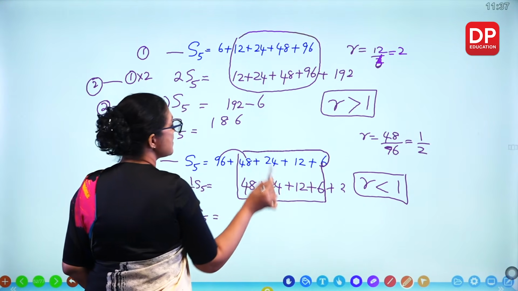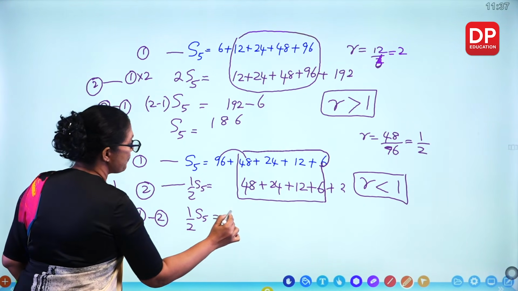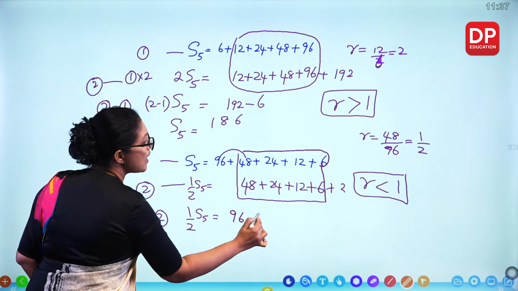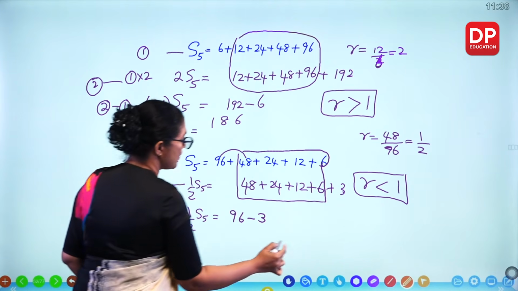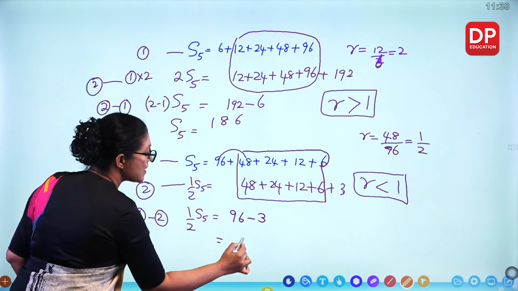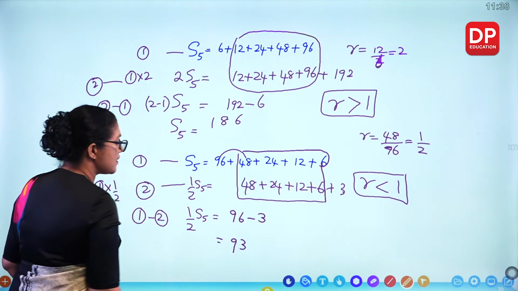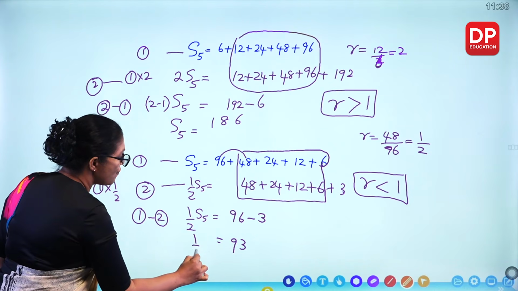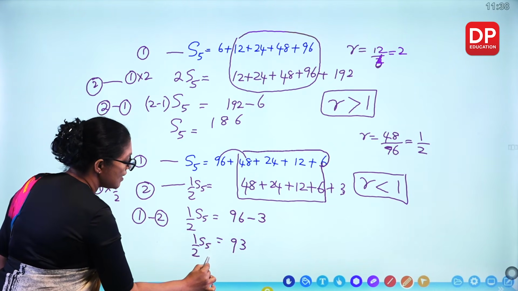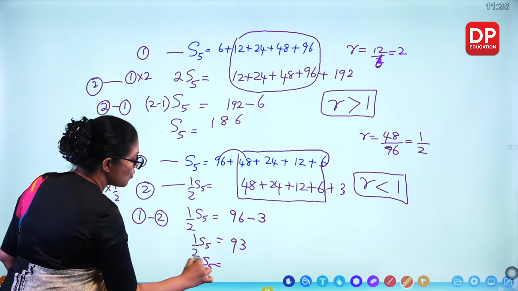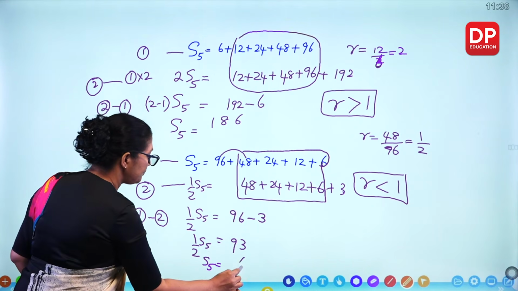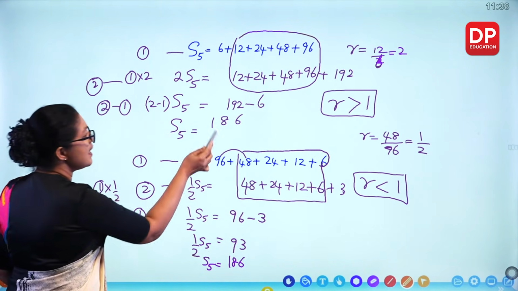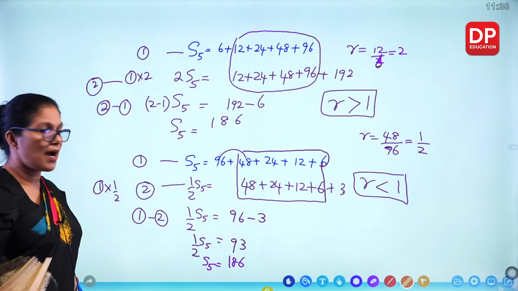This set gets cancelled out. What's remaining? 96 minus 3, which is 93. Half S5 is 93. So what is S5? 2 times 93, 186. I'm getting the same answer.